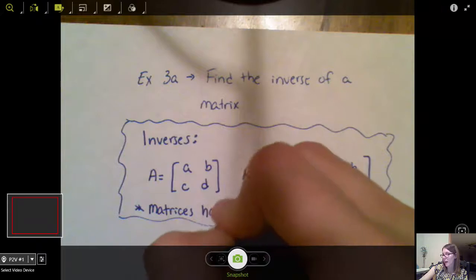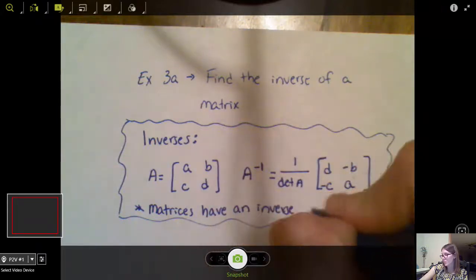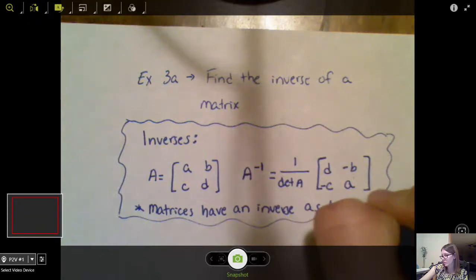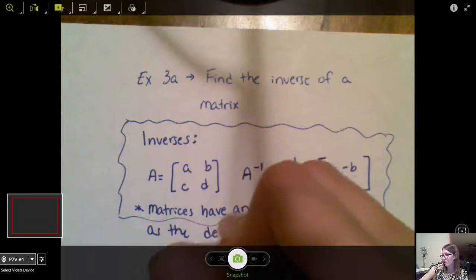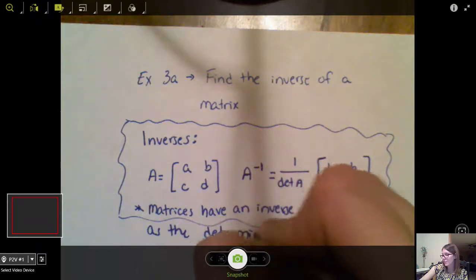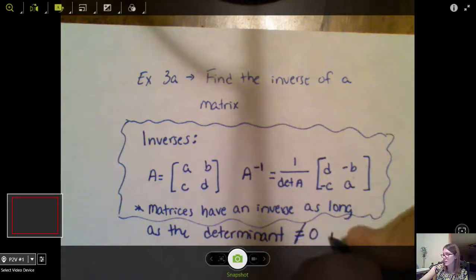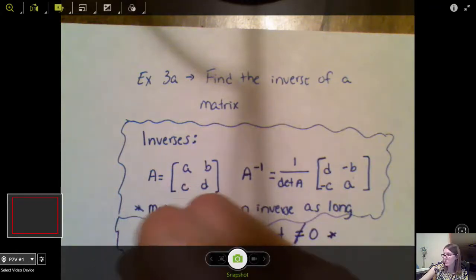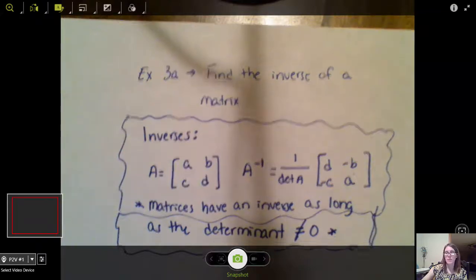Or in other words, matrices have an inverse as long as the determinant doesn't equal 0. And for this, we're really only going to work with 2 by 2 matrices.